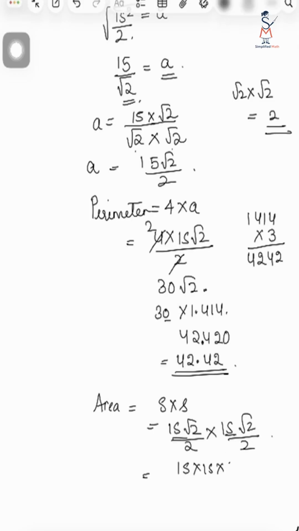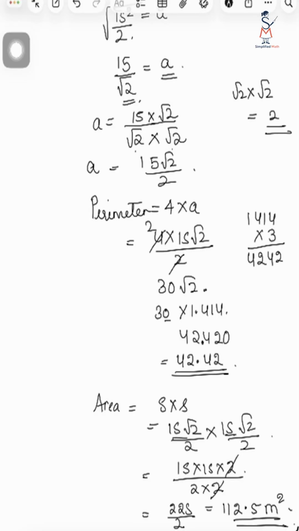Root 2 into root 2 is 2. And 2 into 2 at the bottom in the denominator. 15 into 15 is 225. 2 cancels, divided by 2. This will be 112.5 meter square. So this is how we will find the perimeter and the area.